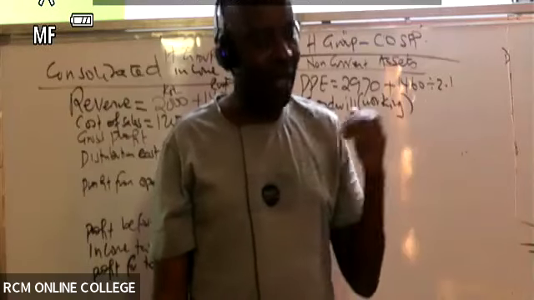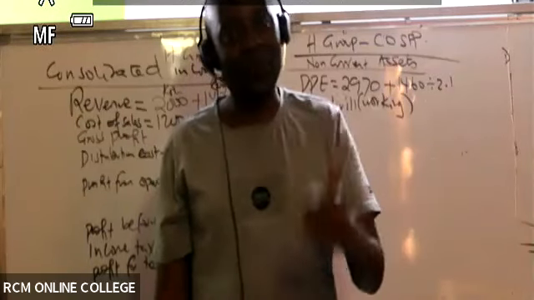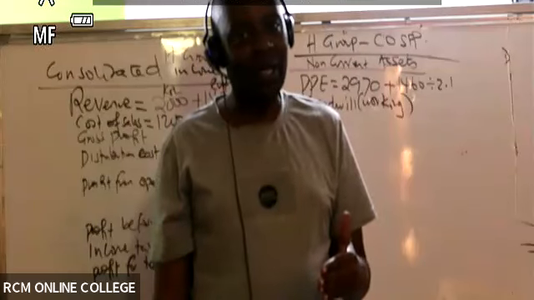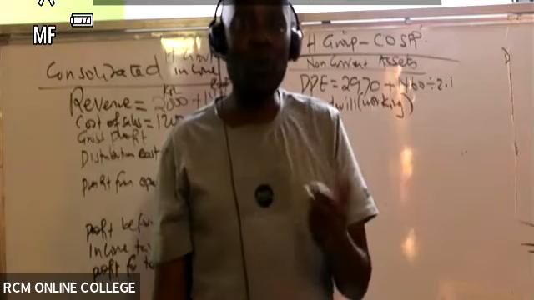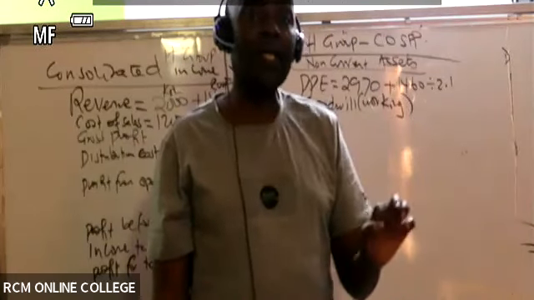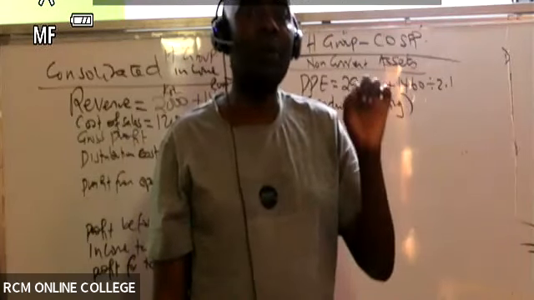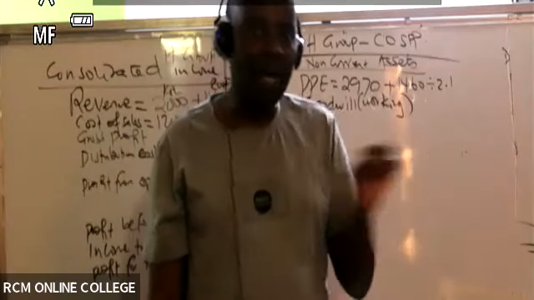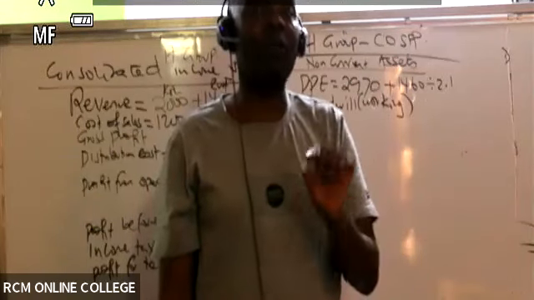Because I gave you this loan when the exchange rate was 100 Kenya shillings per dollar, and right now it's 150. You've lost. So according to IAS 21, I will not be able to capture this loan anywhere in my group accounts because it's a fake loan.